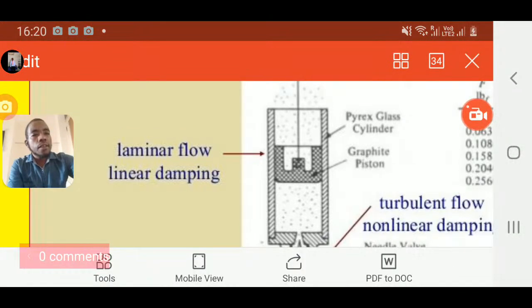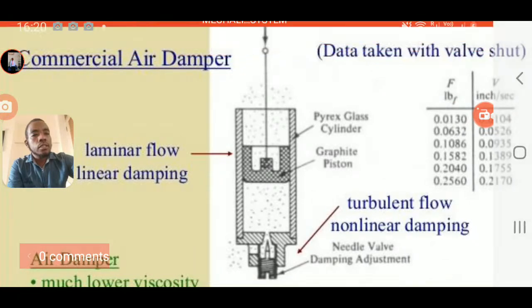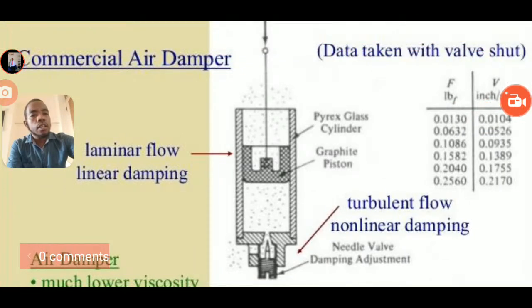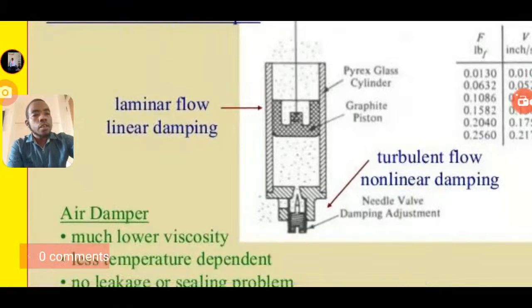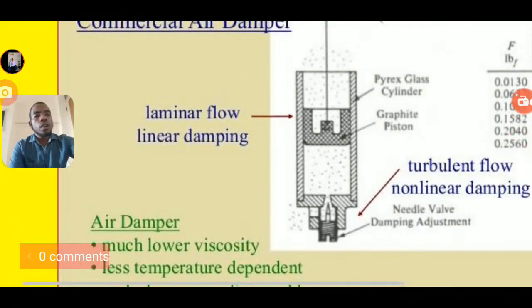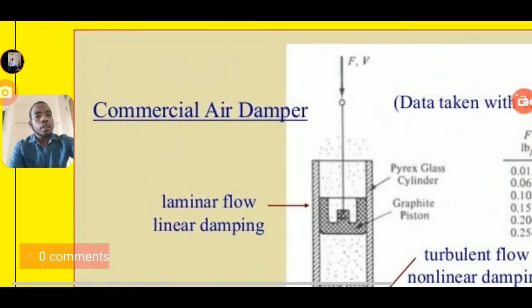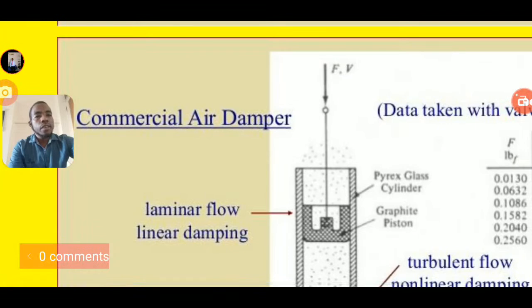This is the graphite piston, and this is the turbulent flow or non-linear damping. This is the needle valve, or damping adjustment. Okay, these are the parts of this commercial air damper, and this is F and V. This is the damper element.